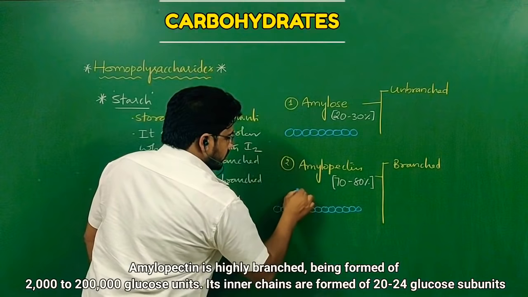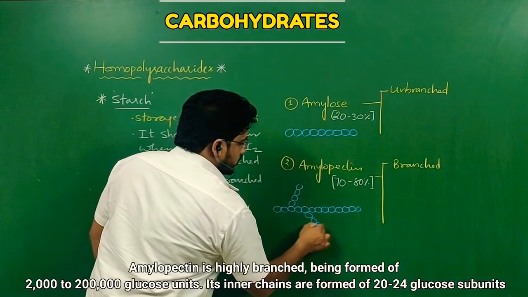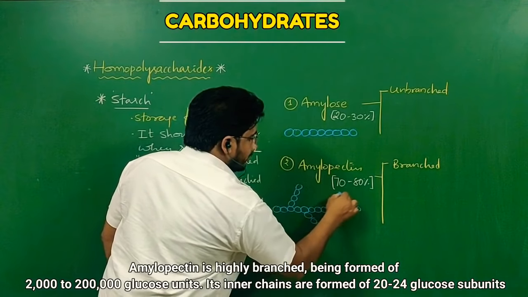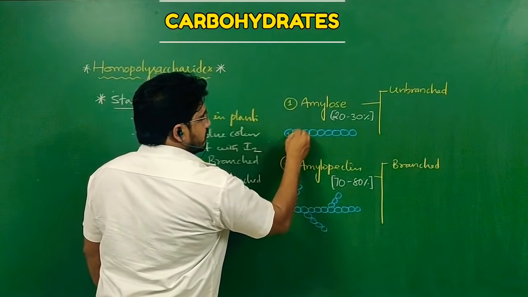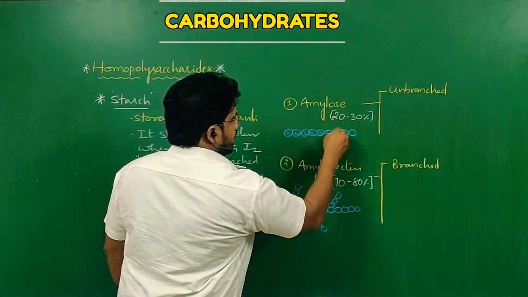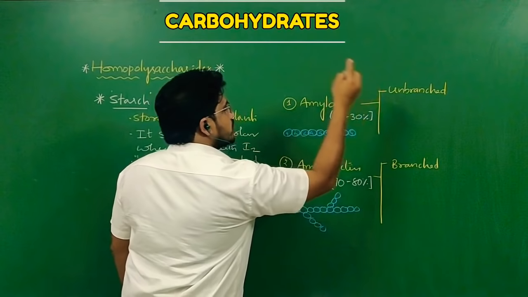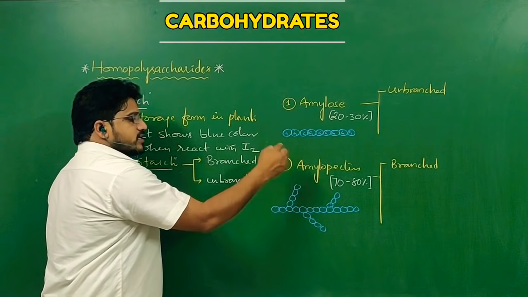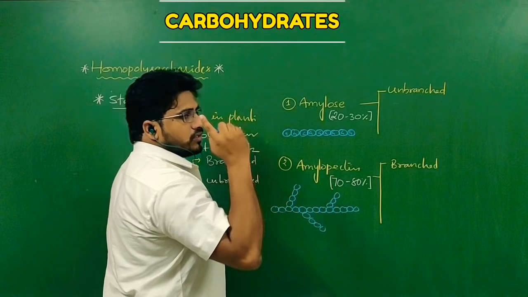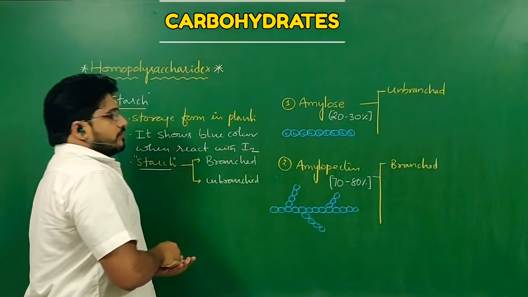But here the glucose monomers also exhibit some branches. There are no branches here. All these are glucose molecules. Amylose is a glucose unbranched homopolysaccharide, and amylopectin is a glucose branched homopolysaccharide. This is the first difference.